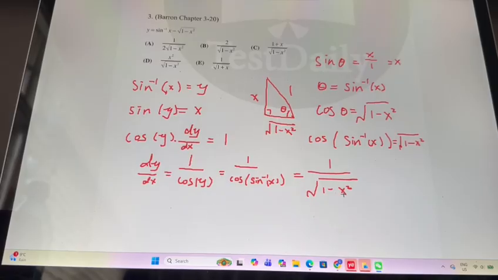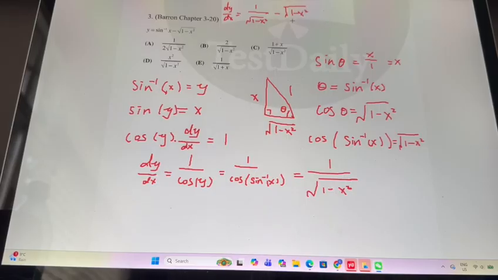Now if we use the formula to solve this question, dy over dx equals 1 over square root 1 minus x squared minus square root 1 minus x squared.